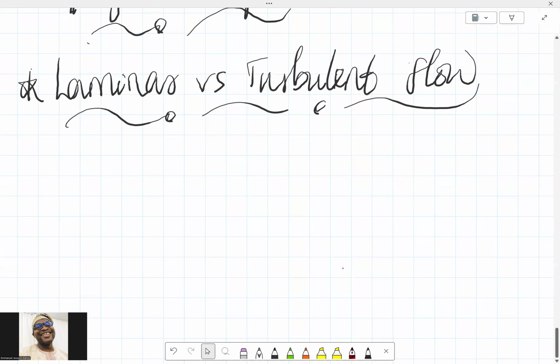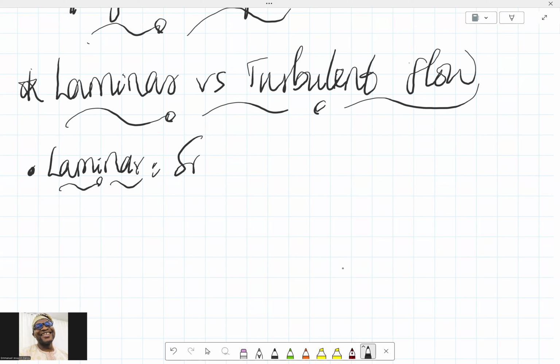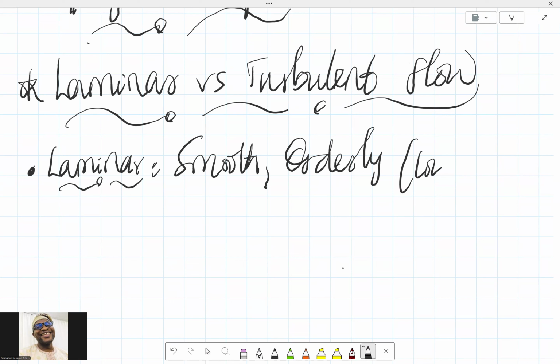Okay, so first off, laminar means smooth, orderly. So it's orderly flow and it has low Reynolds number.